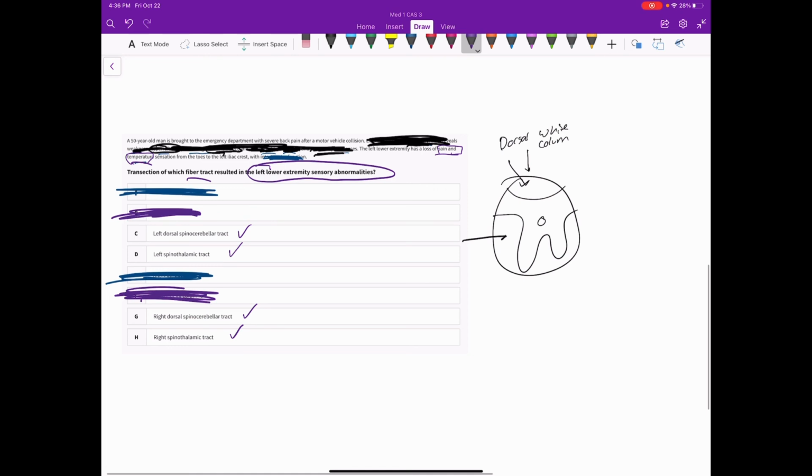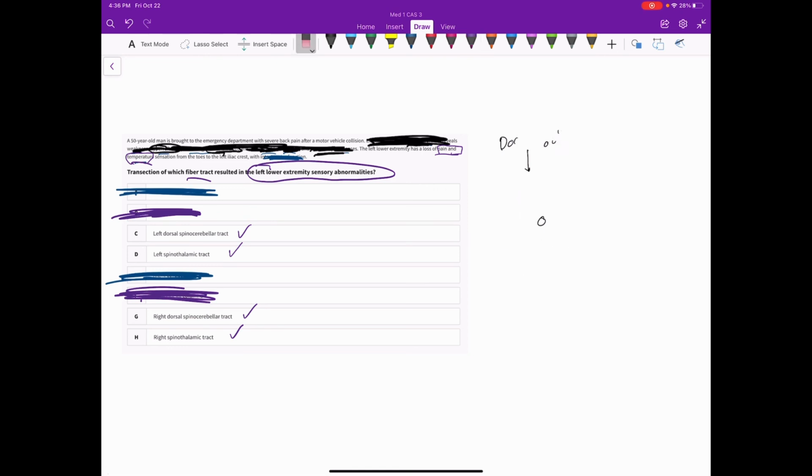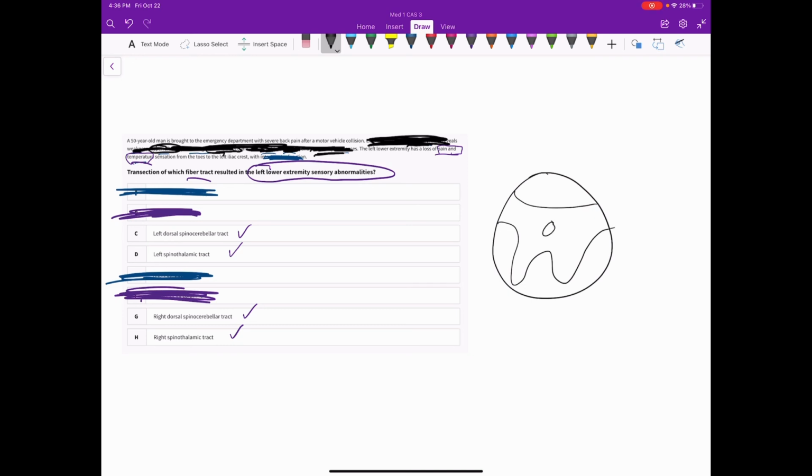Okay, so now, if we erase this real quick, and start drawing our own, we draw the circle, right? It says lower extremity sensory abnormalities, so we know it's got to be some ascending fiber. It also says from the toes to the iliac crest, so it's not shooting all the way up our body.